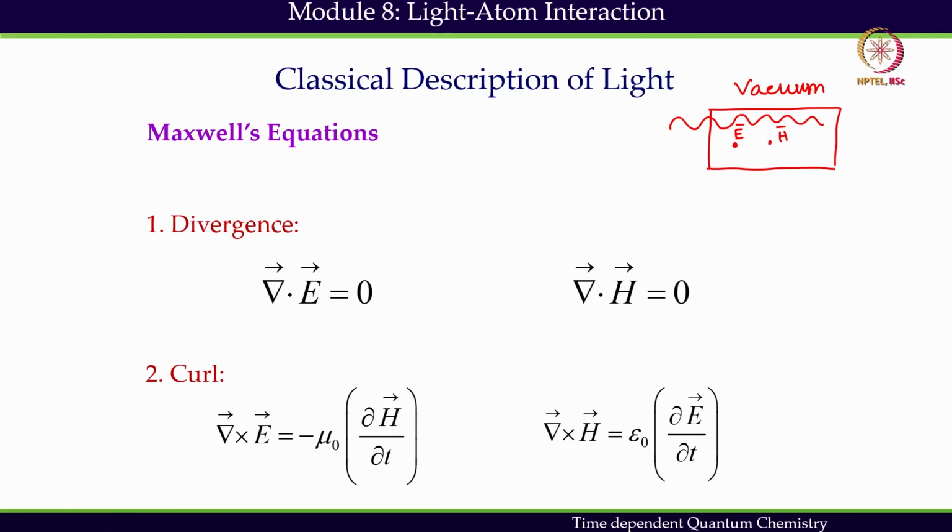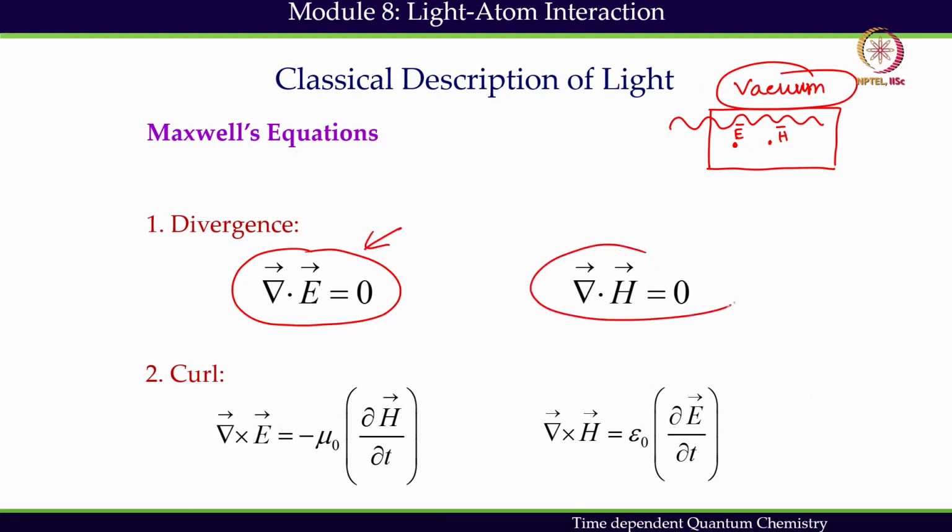And that nature will define how the light behaves in that medium. So in the vacuum, what we are seeing is that if the light is propagating through the medium, the electric field is still divergence-less. It doesn't have divergence. The magnetic field also does not have divergence. So these are the two properties which will always show up in the vacuum if the light is propagating through the medium, and that will define that I have light propagating through the medium.